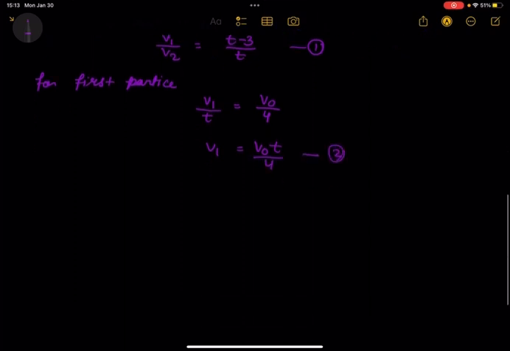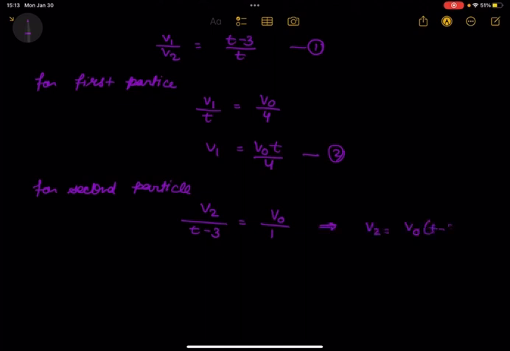And for the second particle, v2 upon (t minus 3) is equal to v naught by 1. So v2 is nothing but v naught into (t minus 3).